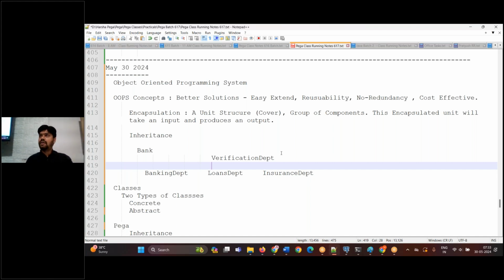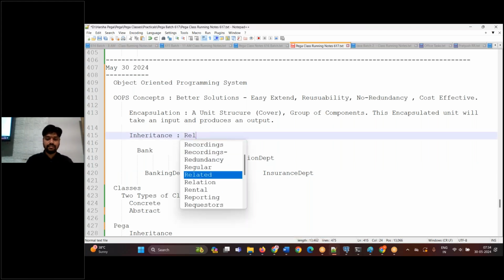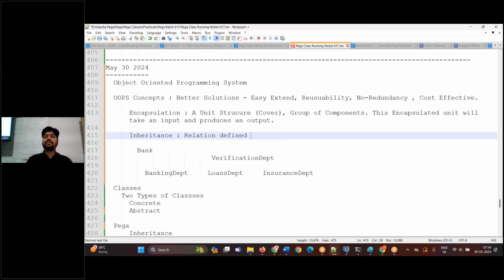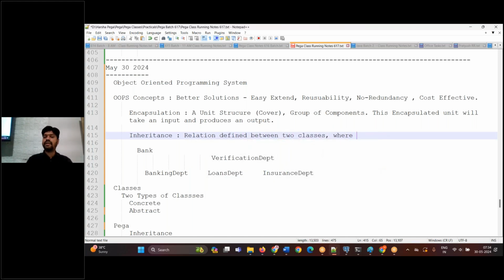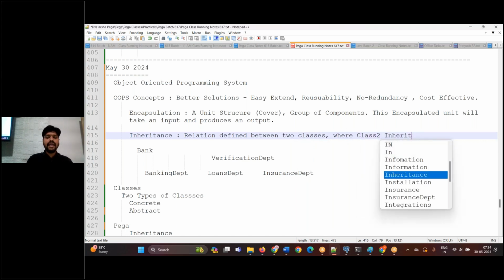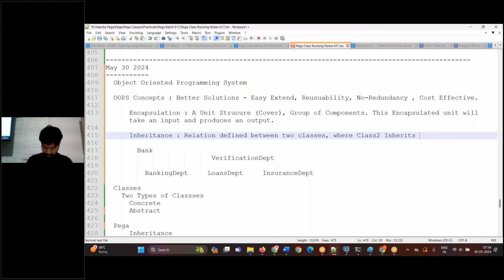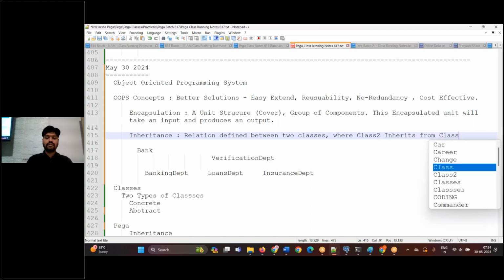And the outside family persons cannot come to our family and access our property. It's not possible, right? When there is a relation between entities, then only it is possible. What is that relation you are calling it? Inheritance relation. So inheritance is a relation defined between two classes, where, let's say I'm writing simply, class 2 inherits from class 1.